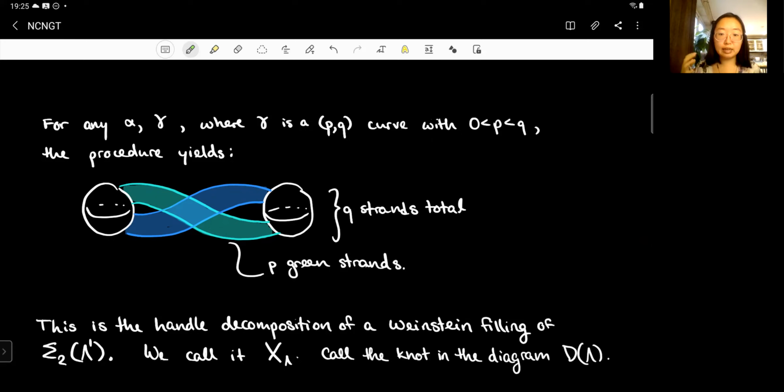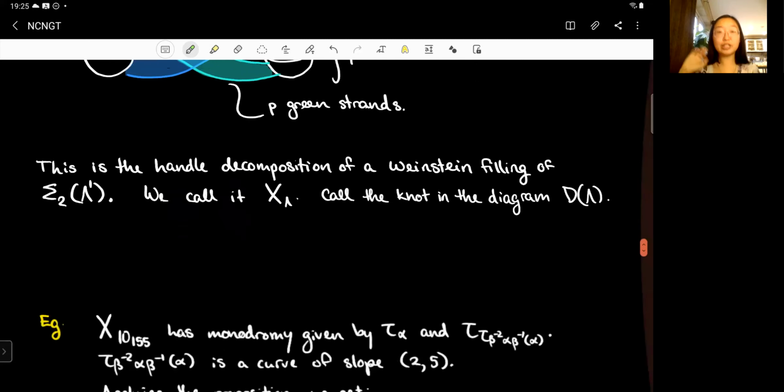So this is the handle decomposition of a Weinstein filling of the double cover of lambda, and we'll call it X sub lambda. We'll call this green and blue knot going through the 1-handle d lambda, so as not to confuse it with lambda, the knot that we're obstructing from concordance.